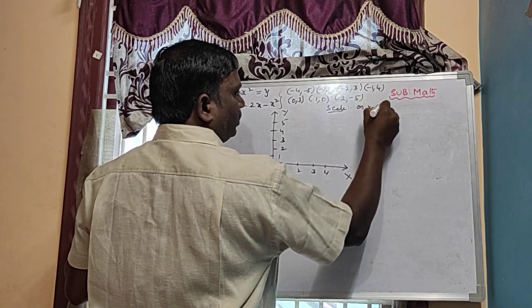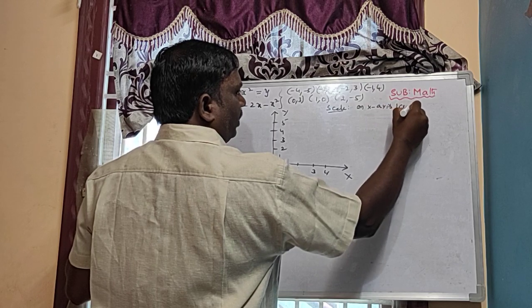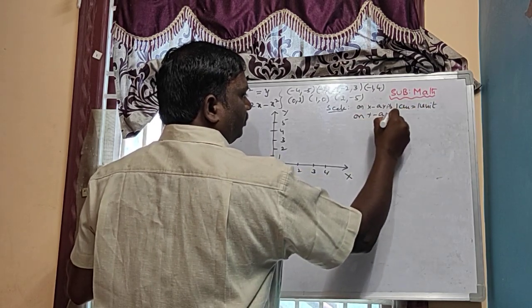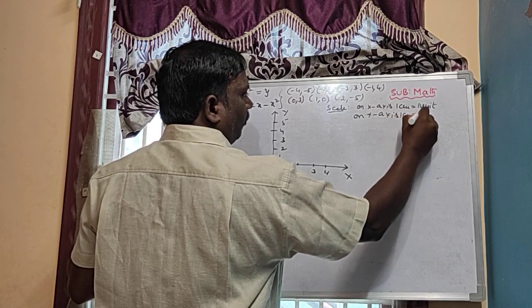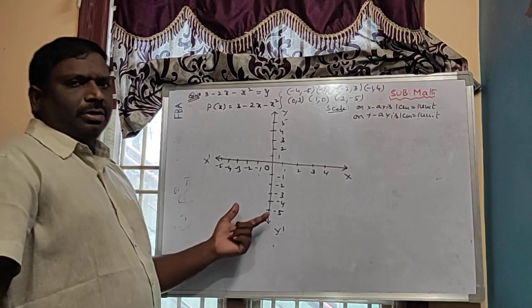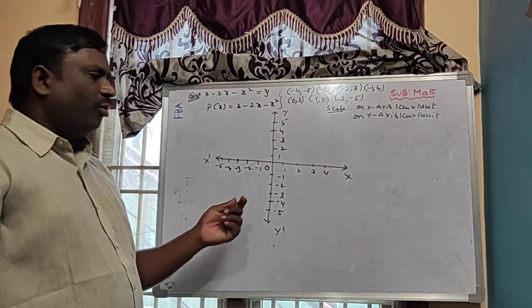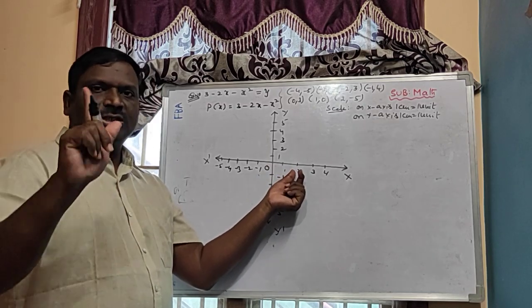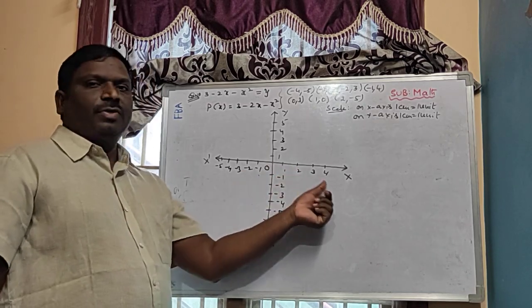On the x-axis 1 centimeter equal to 1 unit. On the y-axis 1 centimeter equal to 1 unit. 1 unit only I am taking here. In every graph paper, the distance from this line to this line is 1 centimeter. That 1 centimeter I am taking as 1 unit.